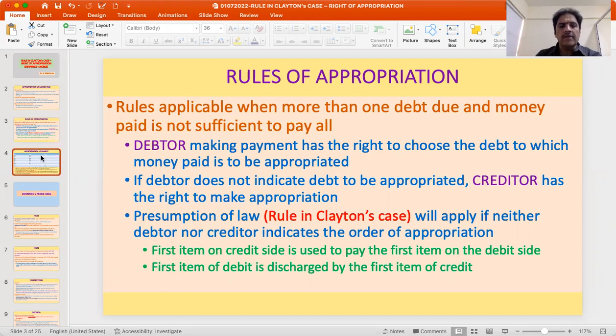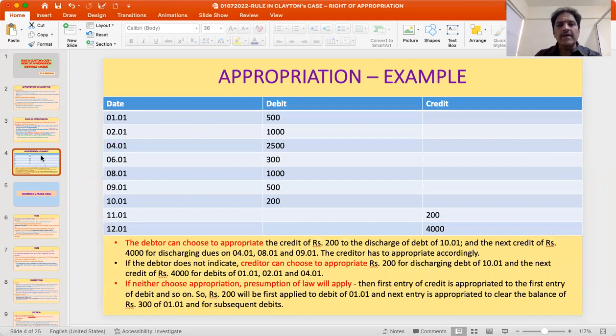Now let us see an example of how this operates. Imagine that there is a current account which is running, an overdraft kind of account where entries are made. So on 1st of January, there is a 500 rupee entry, then 1000 rupees, 2500, 300, 1500, etc. So the total dues are about 5500, and on 11th, an amount of 200 has been paid, and on 12th, an amount of 4000 is paid.